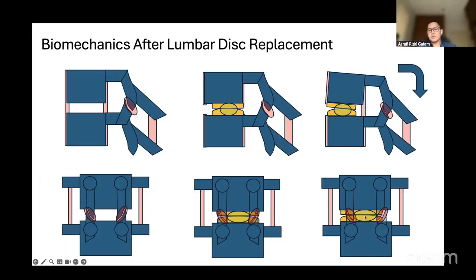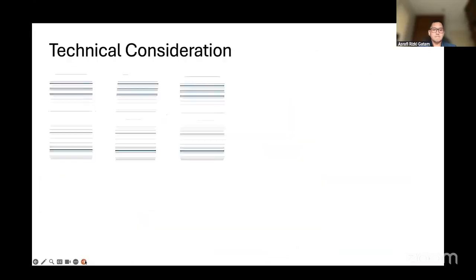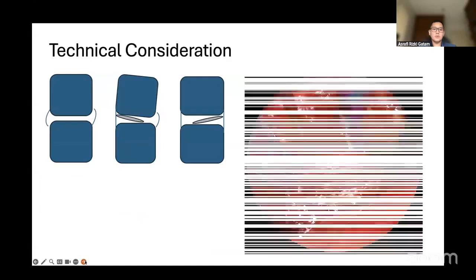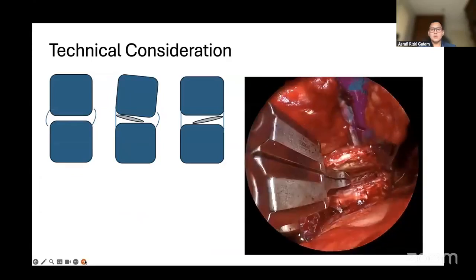Also, if we put the implants not on the center from the anterior-posterior direction, the vertebral body above or below might translate to the lateral side, which might also increase the facet pressure on one side. So positioning of the implants is very, very important. The next thing is that the release is also very important during the surgery.